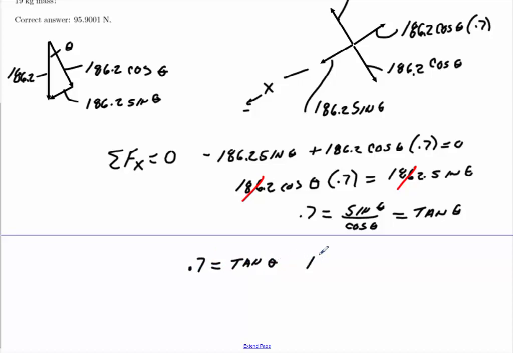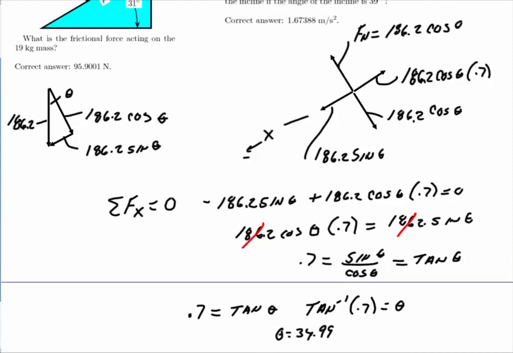All I have to do is take the inverse tan of 0.7, and that's equal to theta. When I do that, I hit second tan 0.7, and I get an angle of 34.99 degrees. And that's the answer to that one there.